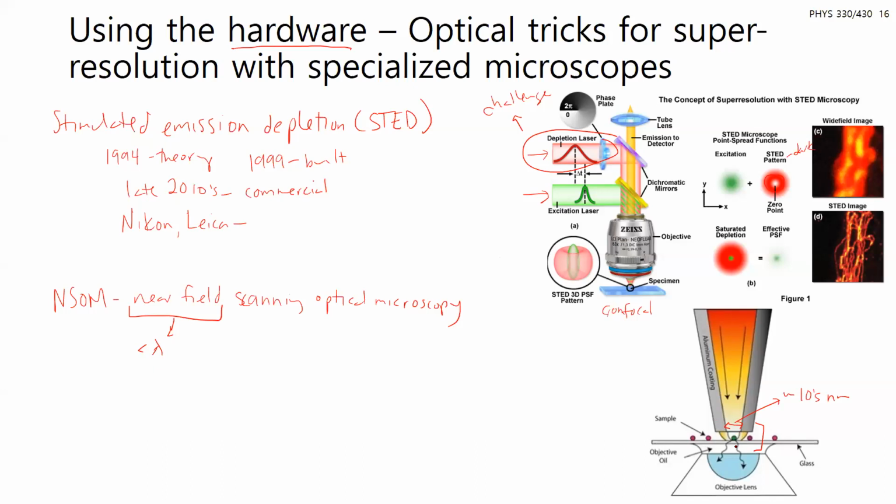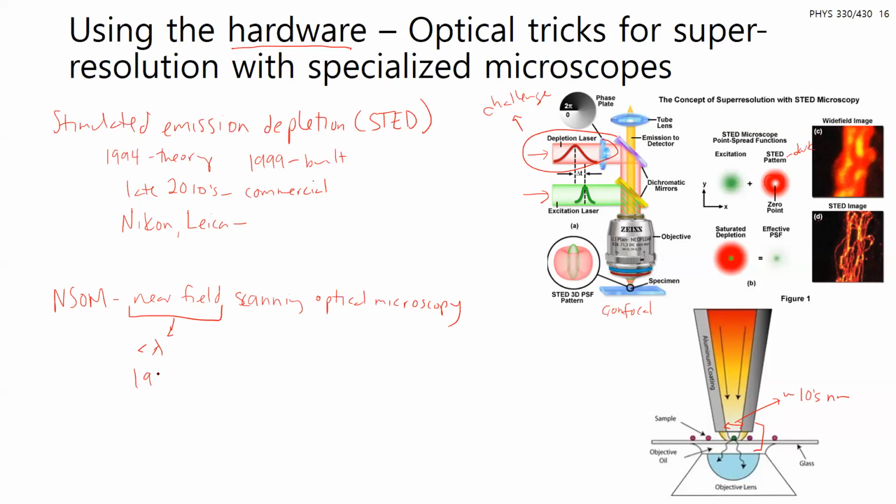Here in this example, you're exciting your light in the near field based on this tip. So you have a tip with an aluminum coating. Your excitation light is passing through here through this optics, and you're limiting your focal volume there to the near field. You scan it over your sample.